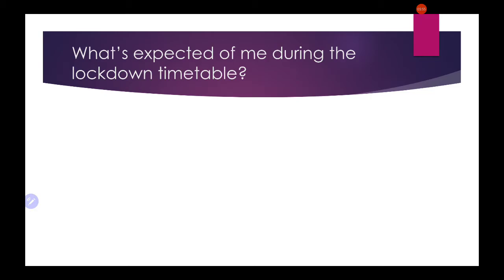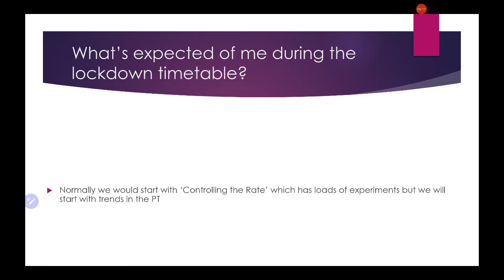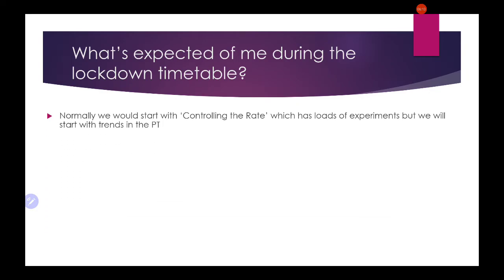So basically we're just going to talk about what you should be doing over the next few weeks, just to give yourself a bit of a head start in the higher course, before we go back to normality and get into our proper classes. Over the next few weeks during the block learning timetable, we don't normally start with trends in the periodic table, but that is what we're going for just now, because it's quite note heavy.